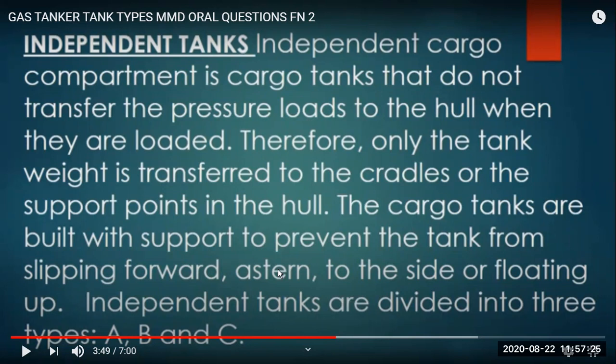The same way, the tanks are put like that. So the tank weight is transferred to the cradles or the support points, that is the chocks or wooden blocks. The cargo tanks are built with support to prevent the tank from slipping forward or astern.